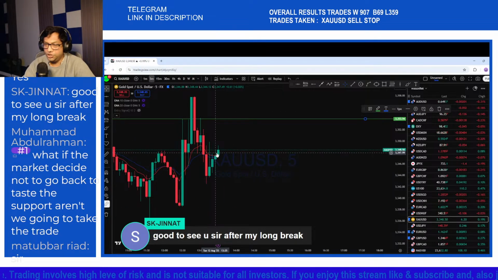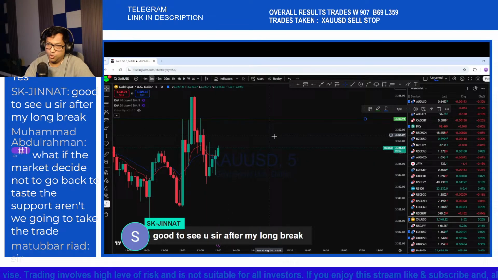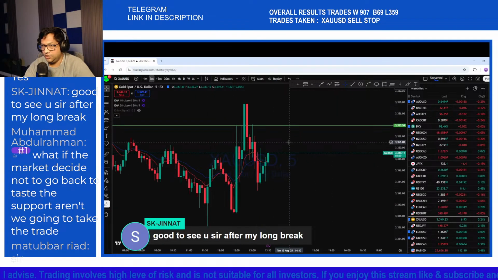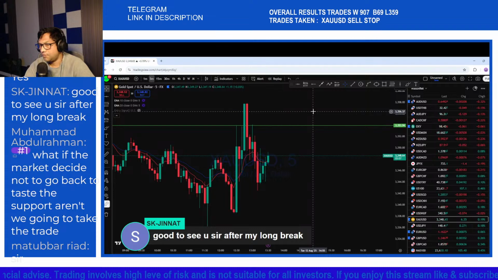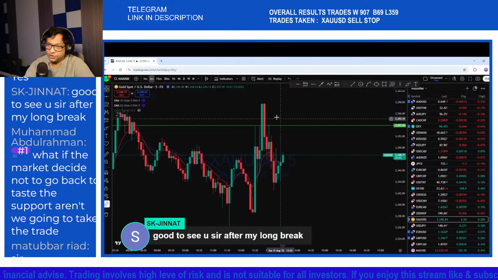With a bullish pin bar, with another bullish move here on XAUUSD, now trying to build up pressure back to the upside.